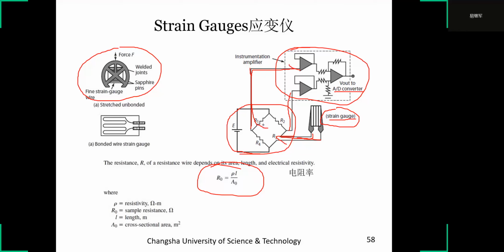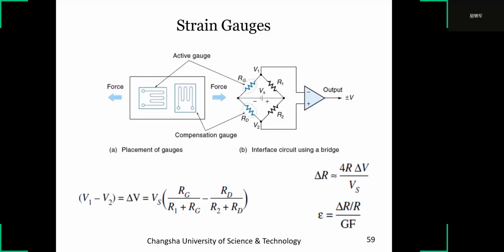A strain gauge. This is a placement of a gauge. Put it like this and this and this. This output goes to the bridge.